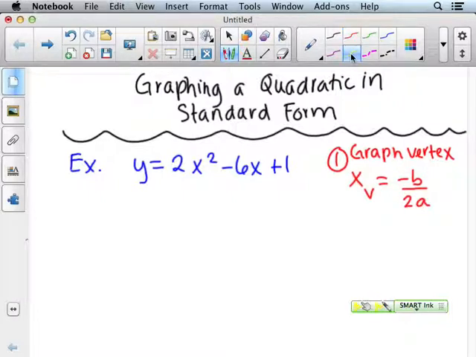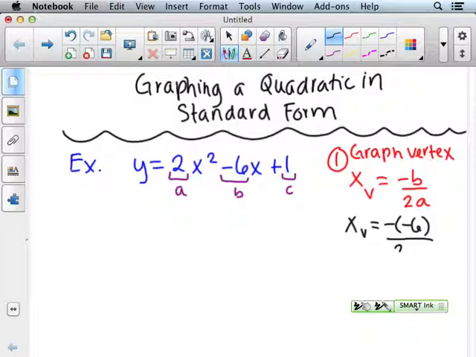Now remember that in your formula, this is y equals ax squared plus bx plus c. So when I find my x for my vertex, it's going to be negative b, which in this case is negative 6, divided by 2 times a, which is 2.